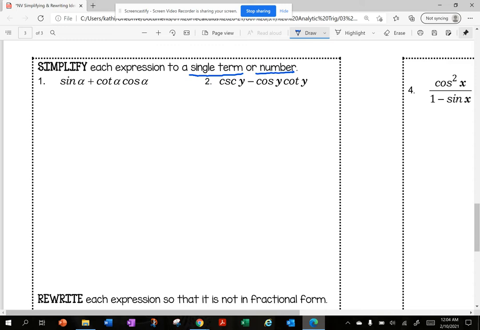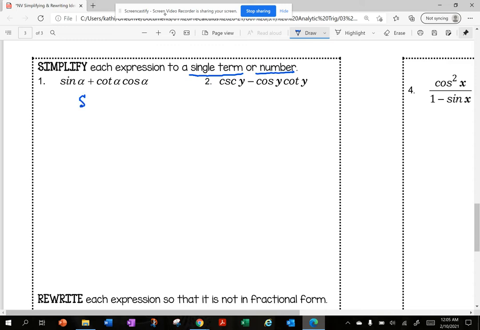Okay, so I'm starting out with sine of alpha plus cotangent of alpha times cosine of alpha. So I'm going to start by rewriting cotangent in terms of sine and cosine.